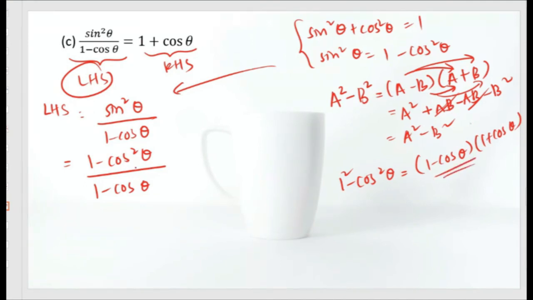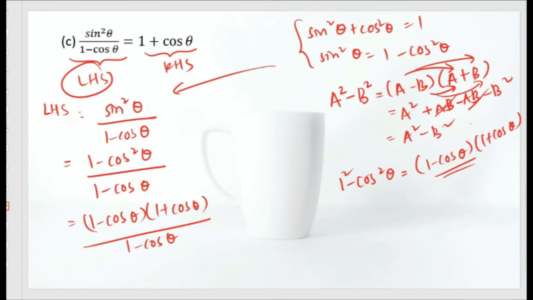So from here, you know, 1 minus cos square theta will be 1 minus cos theta, 1 plus cos theta. Okay? Get from here. These two simplify, become 1. So answer 1 plus cos theta. Here, see, we prove already.